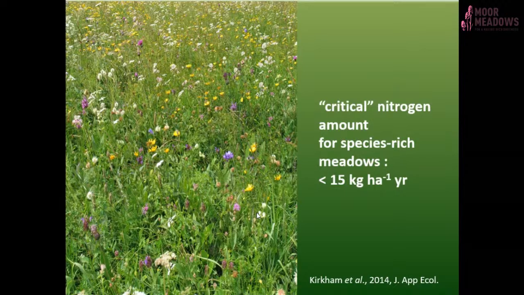With phosphorus, under really species-rich meadows, it's generally a 0 to the lower 1, but generally a 0. And that is very important because once you have added phosphates to a grassland soil, it's very difficult to remove them, and it's a long-lasting effect or legacy that you will be facing.